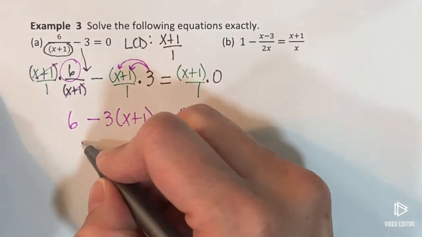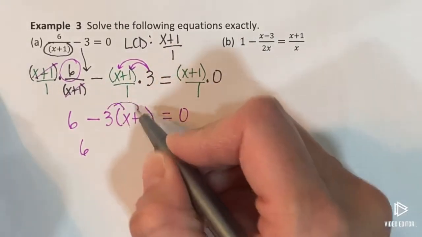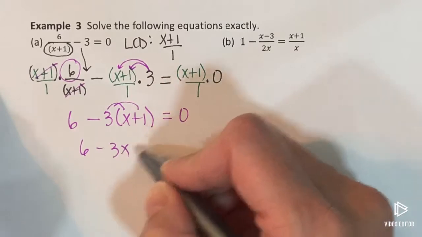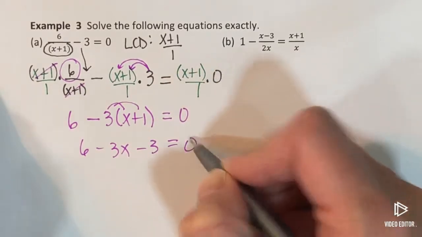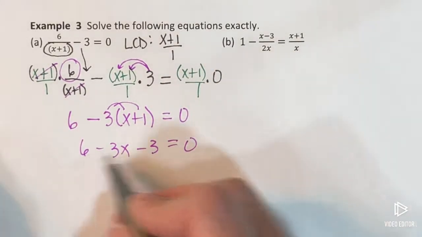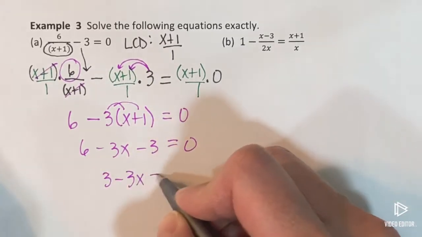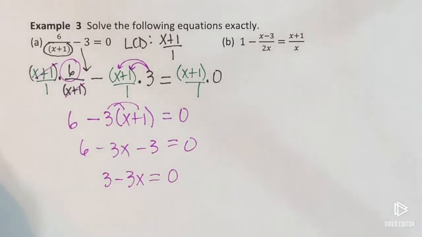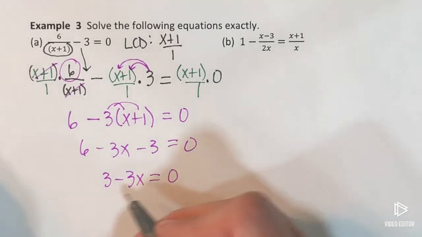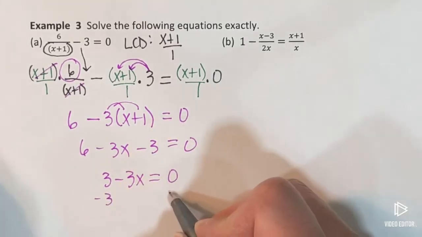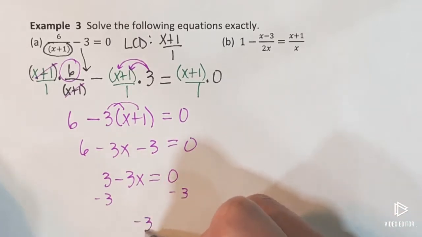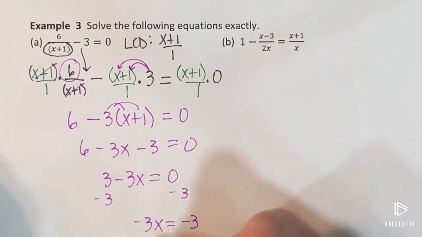So cleaning this up, I have 6, distribute that negative 3. So negative 3x minus 3 equals 0. 6 and the negative 3 give me 3 minus 3x equals 0. Okay, subtract 3 from both sides. So negative 3x equals negative 3.